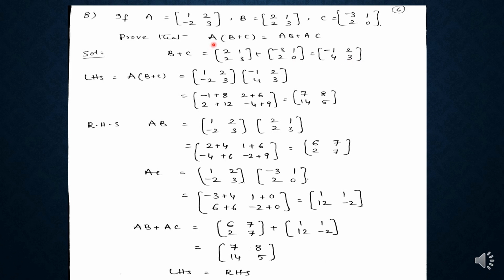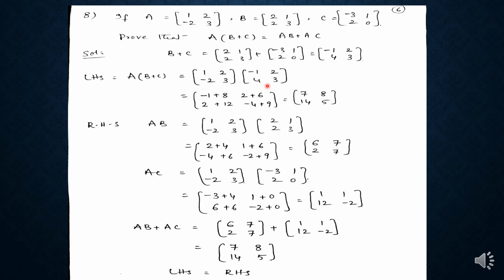Now to find A into (B plus C), LHS is equal to A into (B plus C). A is [1 2; -2 3] into B plus C, which is [-1 2; 4 3]. By taking the multiplication here, 1 into minus 1 plus 2 into 4, 8.